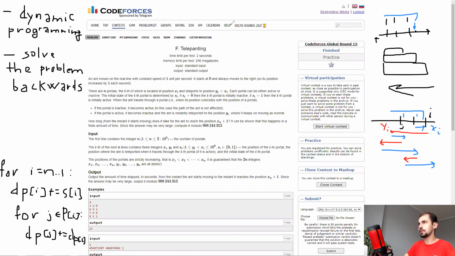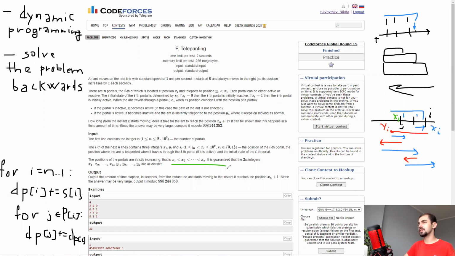To be more formal, all portals such that x_j is between y_i and x_i. Clearly the last such portal, they all end here, and this one is already out of the question.